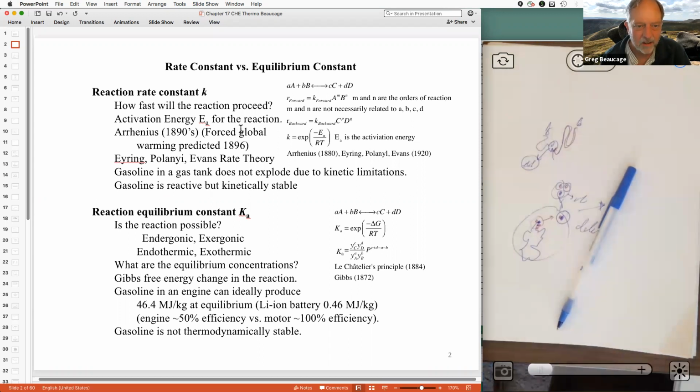Arrhenius, I mentioned before, he also predicted in 1896 that we'd have global warming, and it was discussed in public before 1900. Right, it was extensively discussed in public that global warming was going to happen. Despite that, it was completely ignored until about 2000.